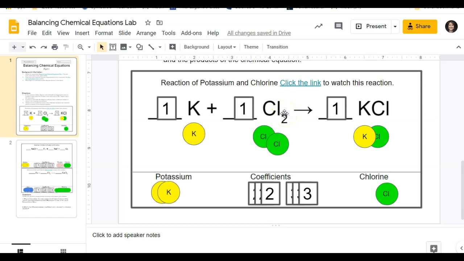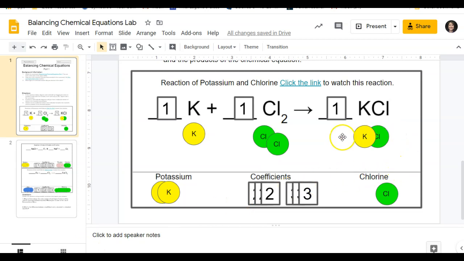Now this is not balanced because I have potassium balanced, but not the chlorine. I have 2 chlorines here, 2 chlorine atoms, but only 1 chlorine atom here. You can see that I have 1 potassium and 1 potassium, but my chlorine doesn't match.